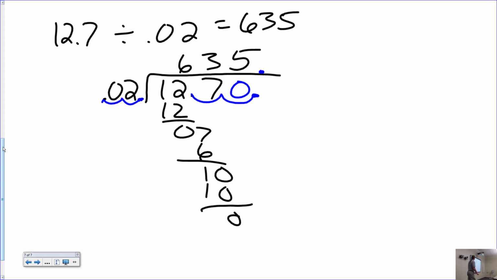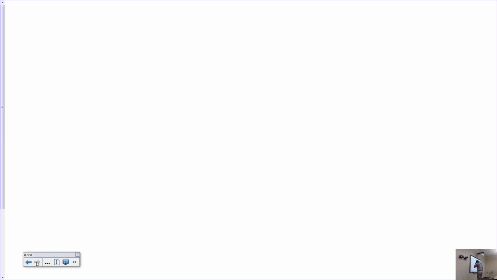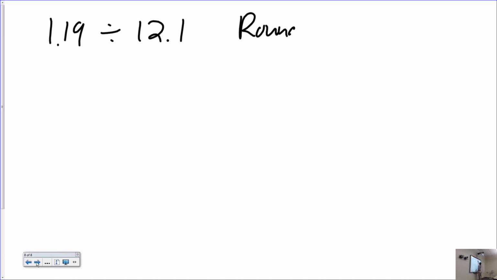All right, so, let's see. Just to be safe, let's take 1.19 divided by 12.1, and I want you to round to, let's keep it simple, hundredths.